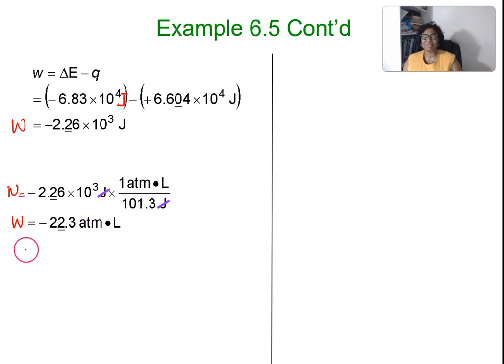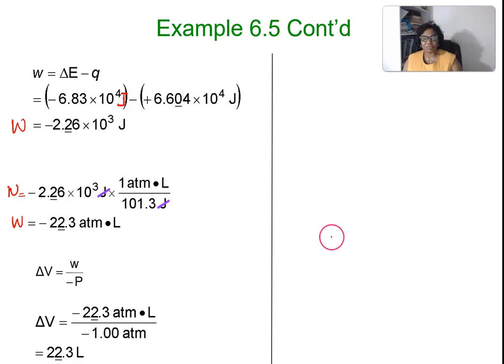So that's it. Use your calculator. Now we have our W. We want to find delta V. W over minus P will give us delta V. So when you do that, our delta V, change in volume, is 22.3 liters.